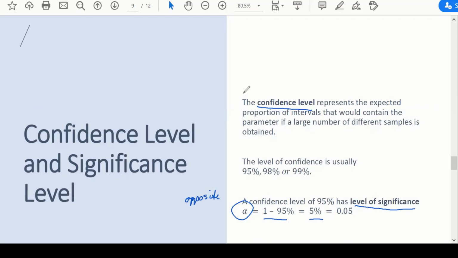So let's think about what this confidence level means. We're using a sample to try to figure out the population.